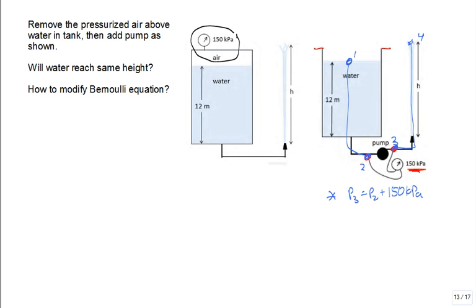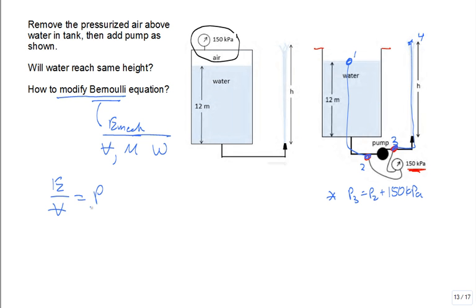Yeah? Well, what you can do is you can just modify Bernoulli's equation. It's a mechanical energy equation, and it can be written as mechanical energy per unit volume, per unit mass, or per unit weight. True? A lot of times we put it in energy per unit volume, which has pressure.